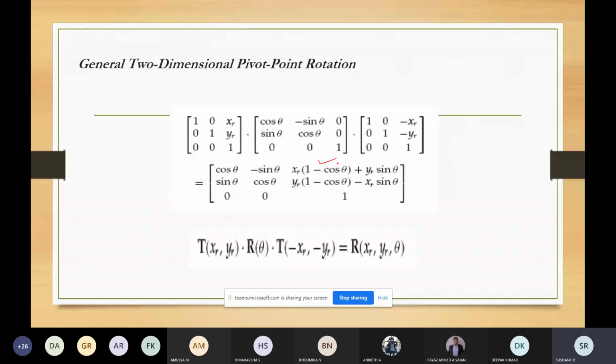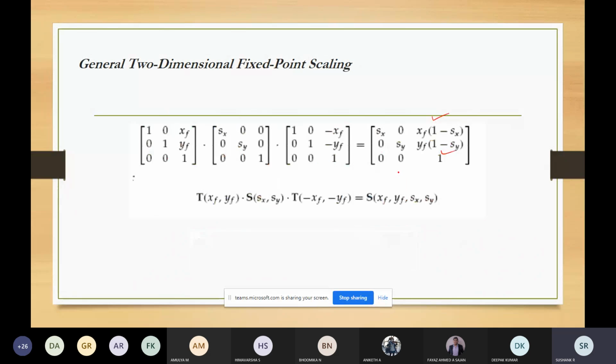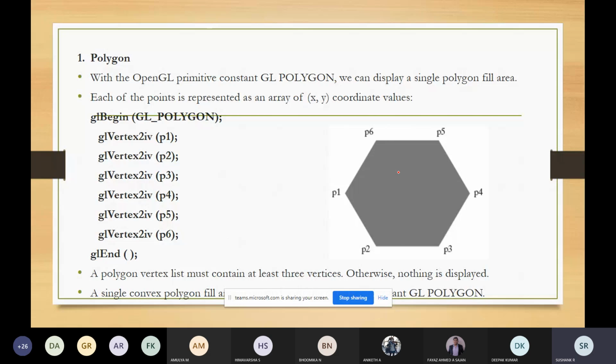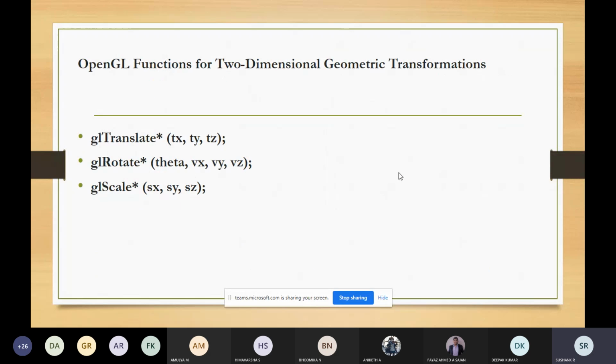What is the equation given here? The equation is given by xr into 1 minus cos theta plus yr into sin theta. You just remember this equation one, these two values. Now we'll go to our equation.